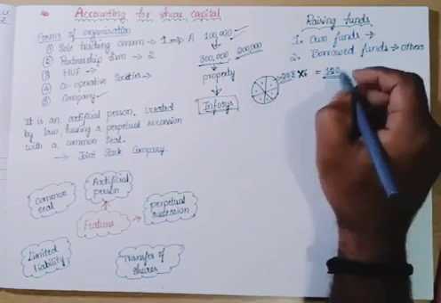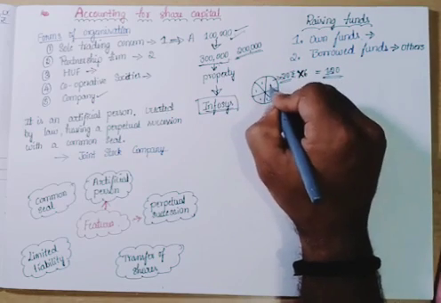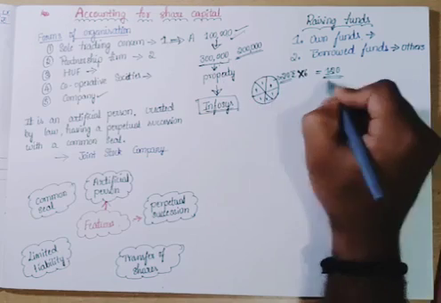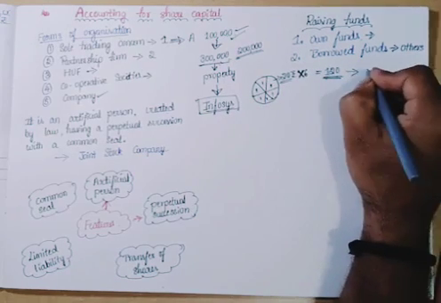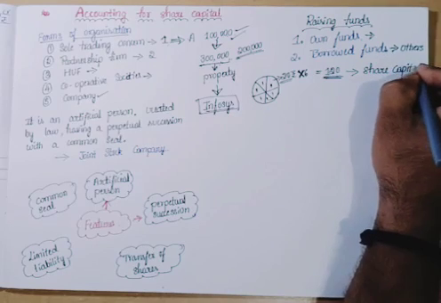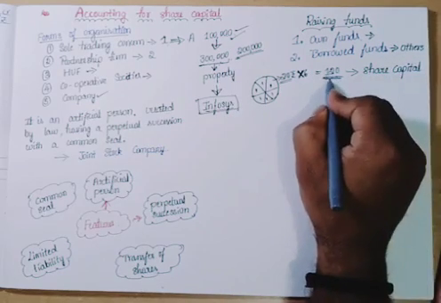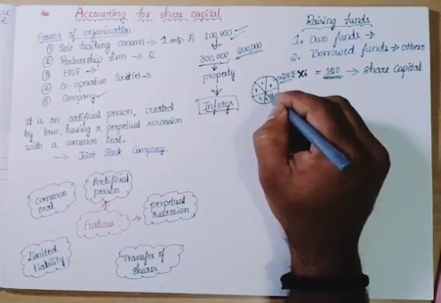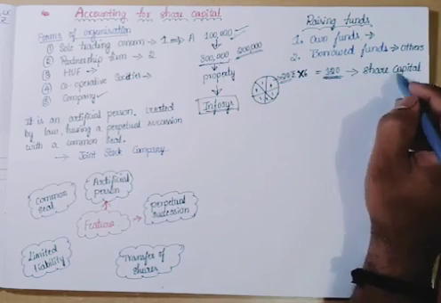So the total amount collected from issuing shares is called share capital. So the total amount collected through issuing shares to the public is called share capital.